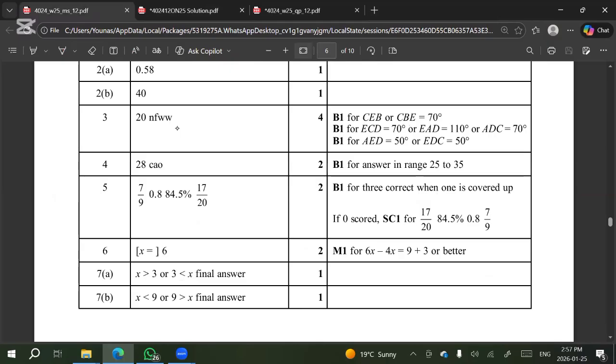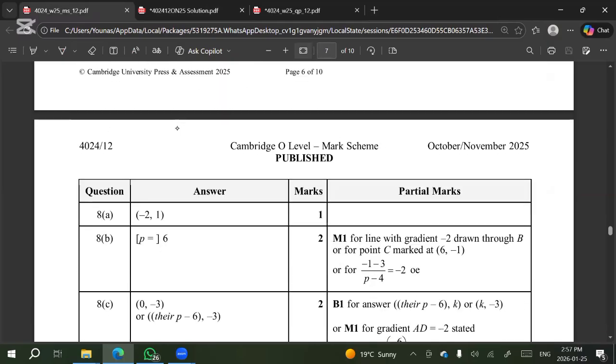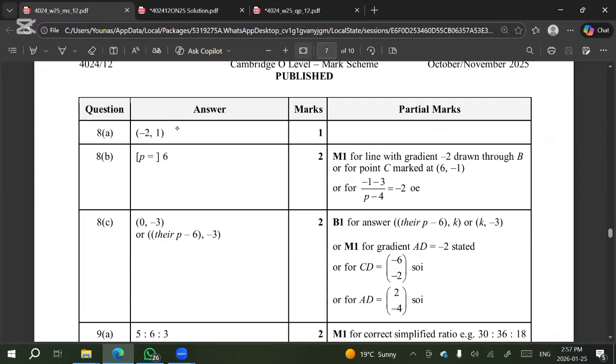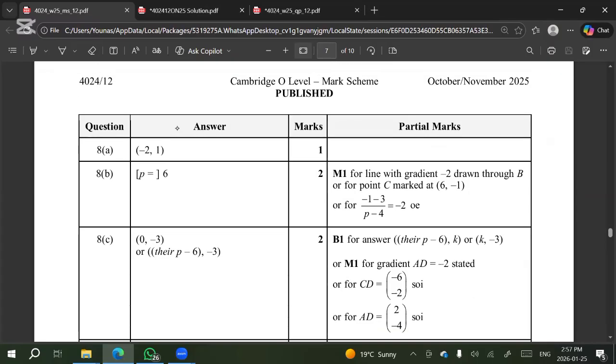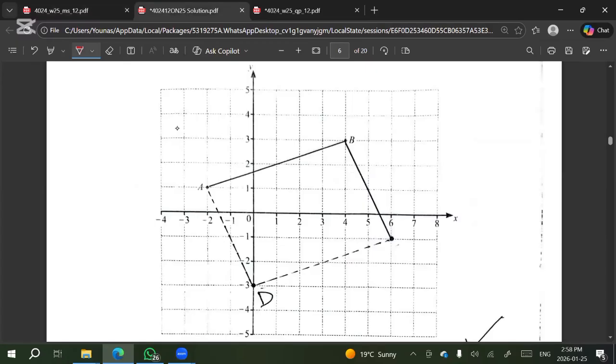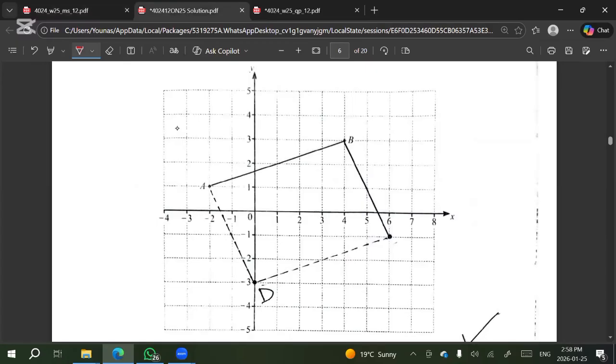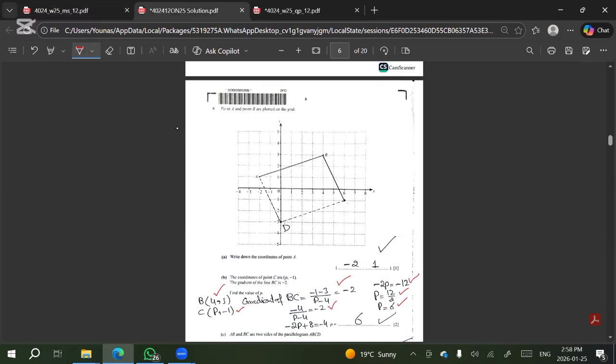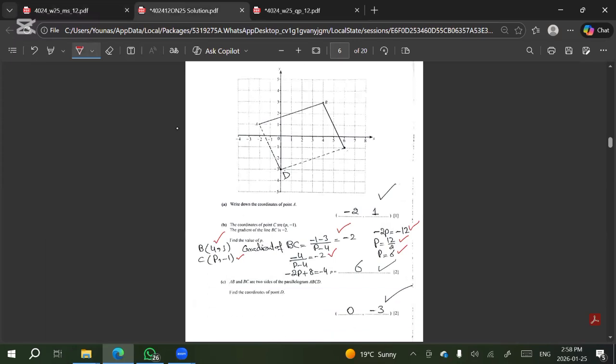So we are done with this question, and let me show you the answer. Question number 8, the marking scheme is showing up on your screen. The A part is correct, the B part is correct, and the C part is also correct. You can pause the video if you want more time with this, and let me decrease the size so you can see the whole of the question together.